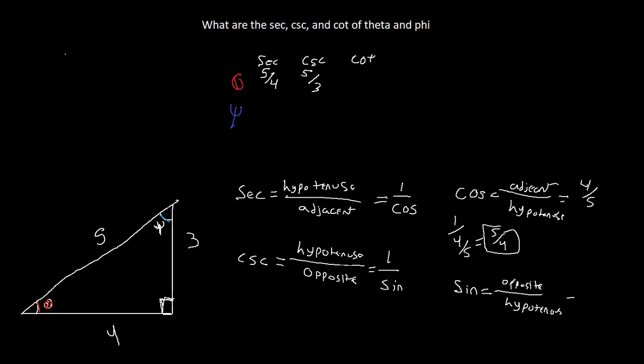So if we look back at our triangle here, our opposite side is still 3, that hasn't changed. And our hypotenuse is still 5, that hasn't changed. So if we do 1 over 3/5, that's the same as saying 5/3. And again, we end up back where we started.